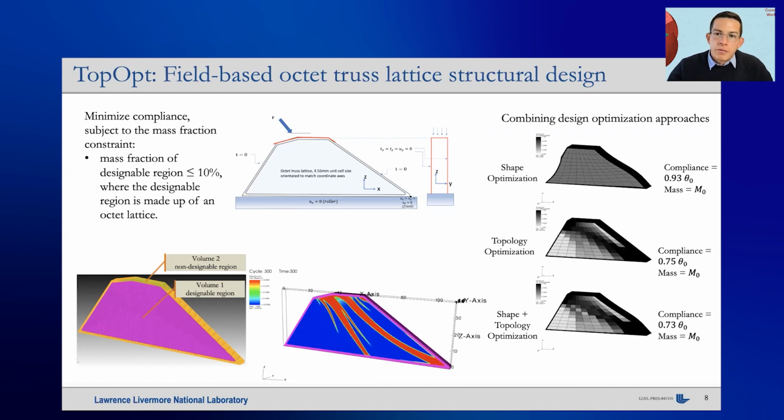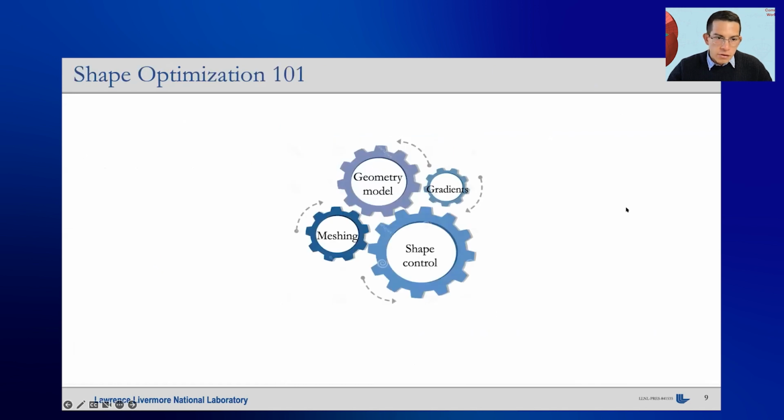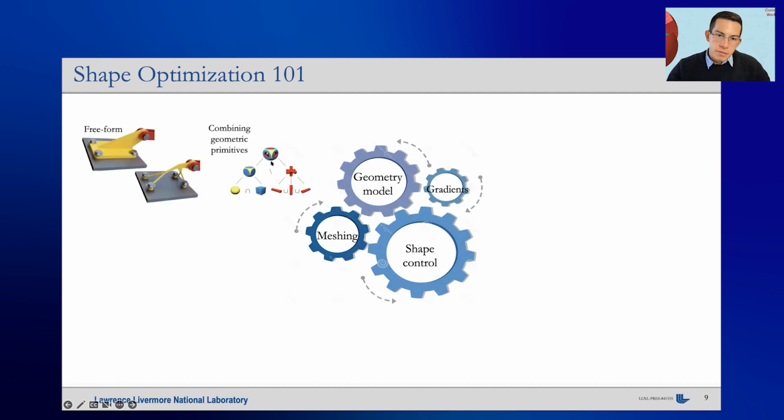Now, in terms of shape optimization, the rest of my talk is going to be about this. I am leading a project about this, and this is ongoing work. When I talk about shape optimization, at least the way that we do it here, it has a few components. When you want to do shape optimization, you have to parameterize your shape, explicitly or implicitly, but somehow you have to have a description of your shape.